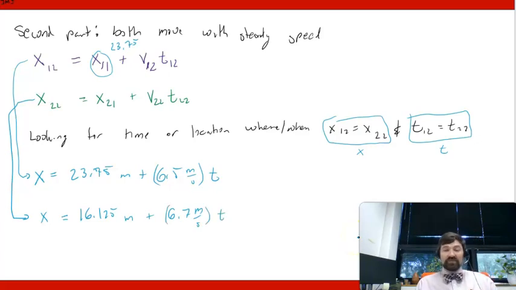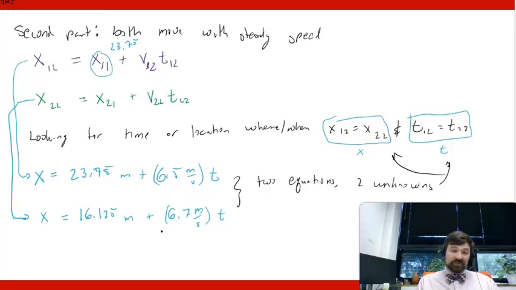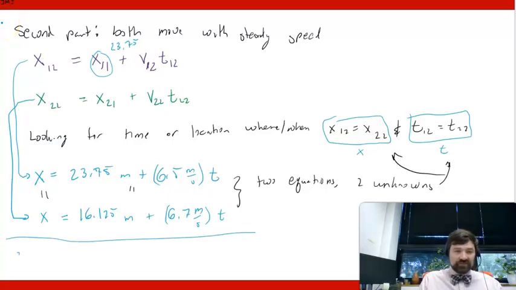This is a system of 2 equations and 2 unknowns, so we solve it just as we would any algebra problem. For example, we might set the two x's equal to each other. That gives us 23.75 meters plus 6.5 meters per second times time equals 16.125 meters plus 6.7 meters per second times time.